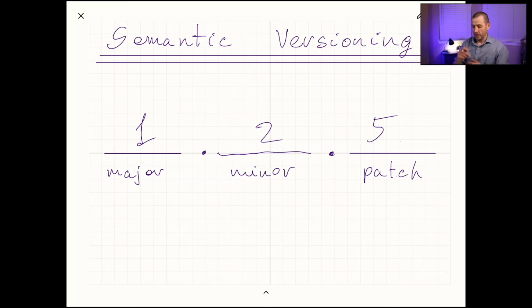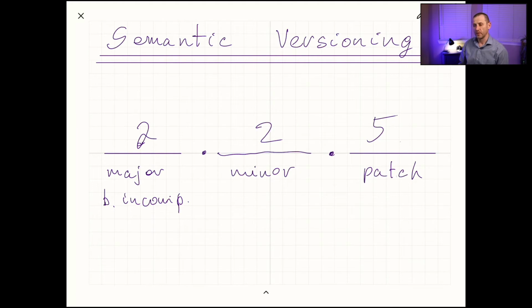Now, if I develop a new version of my software, and this version changes existing behavior of the previous version, then I have to increase the major version because it is a backward incompatible change. And then I need to increase 1 to 2.